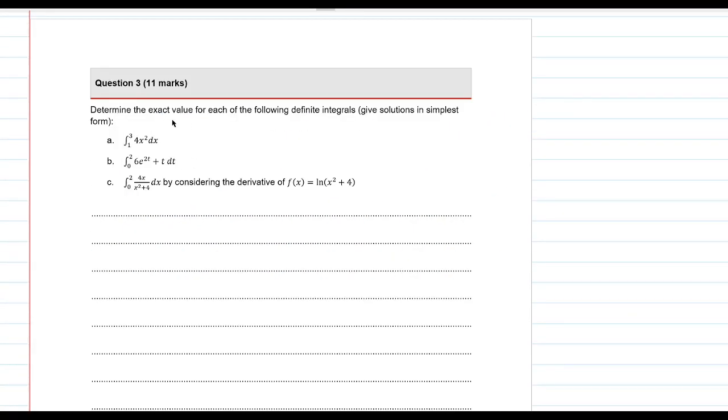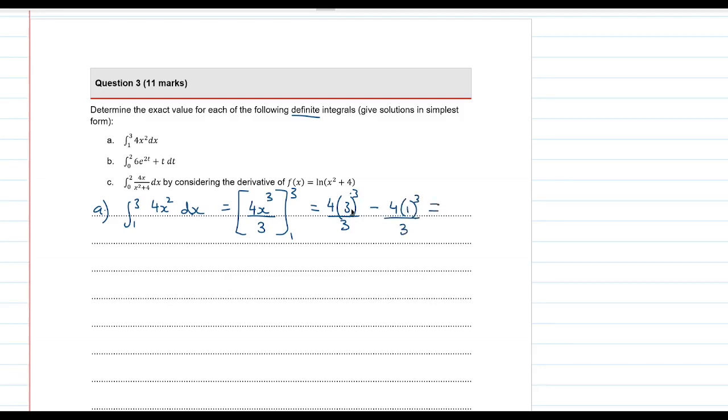Question 3. Determine the exact value for each of the following definite integrals. Give solutions in simplest form. Alright, so for A, we want to integrate this, and we'll just be using the power rule here, so which is 4x to the 2 plus 1, which is 3, over 3, and we're going to sub in 3 and 1, which is going to be 4 times 3 cubed all over 3 minus 4 times 1 cubed all over 3.